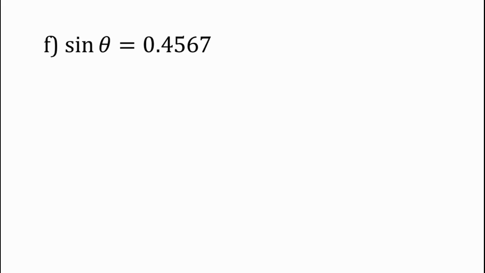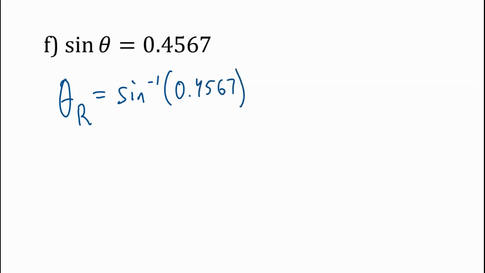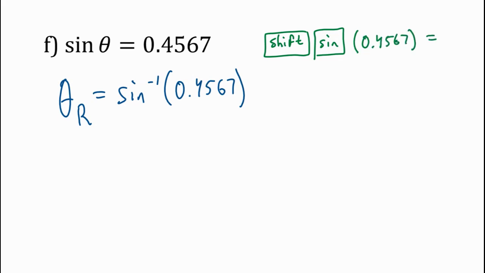And to get theta related, and again, you have to call it theta related, you do sine -1 on your calculator. And to do that, on my calculator, I hit shift, and I think you all know this, but I'm going to write it out once. Shift, sine, that gets the sine -1, and then put in the number, and then hit equals.